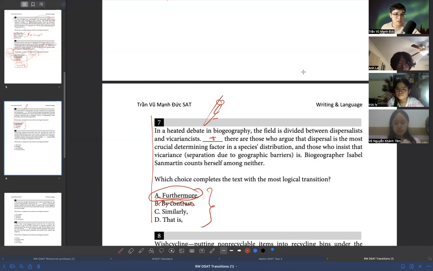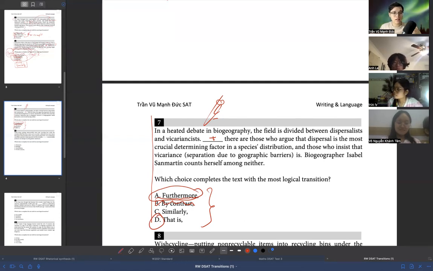Similarly, a Texas Instruments calculator is also useful. That's similar, they're talking about the same thing, right? So that is essentially the similarity. How about the next one? That is essentially you're going to explain, right? In other words.